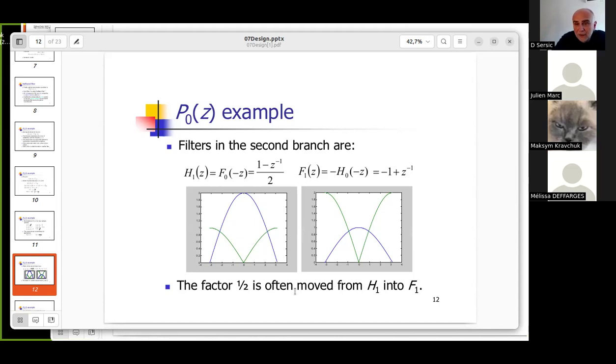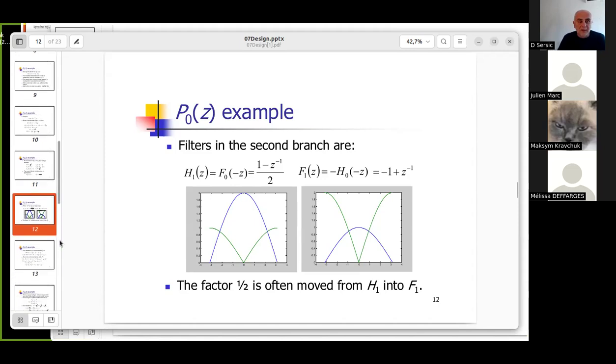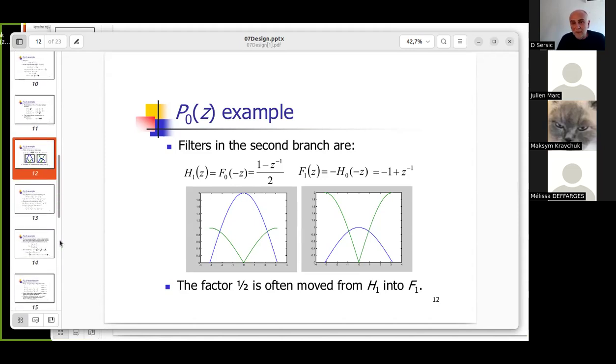Altogether, such a filter bank has both perfect reconstruction with non-distortion and aliasing cancellation. So this is the first filter bank we have designed together. It was pretty simple. So our second example will be a little bit more complex.